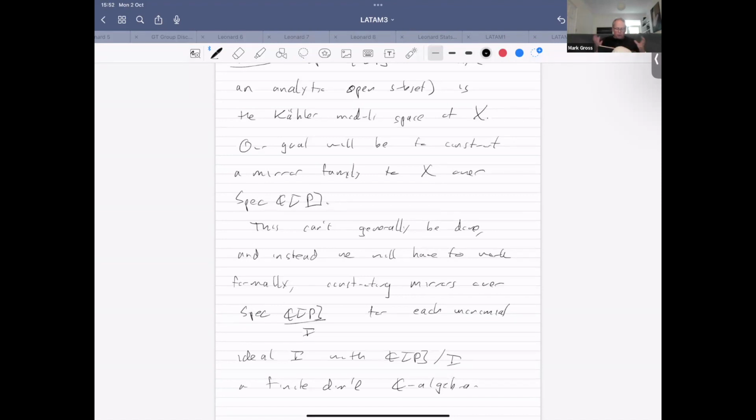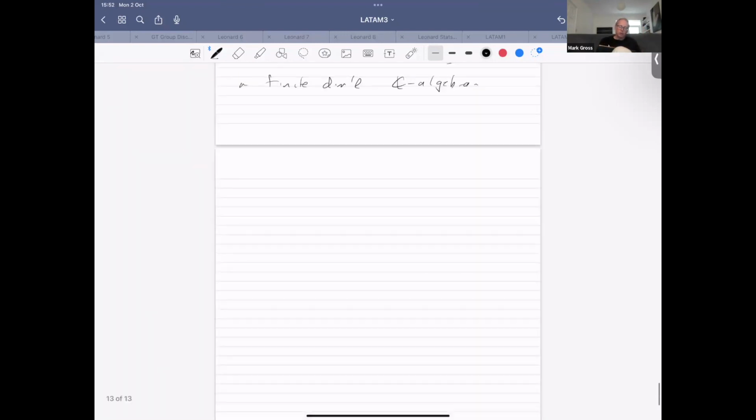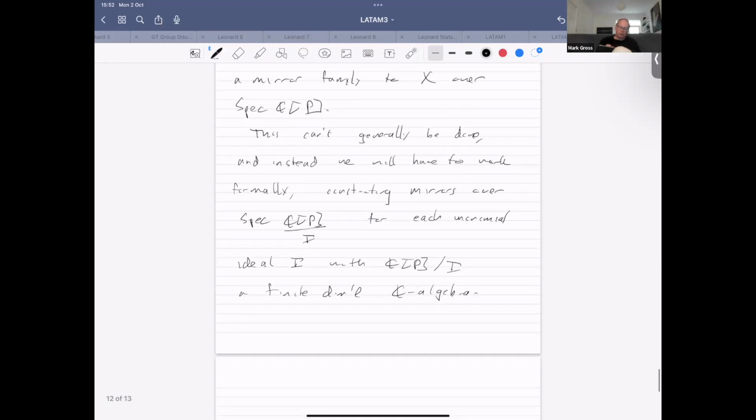Okay, so we do this for every possible ideal generated by monomials where this ring is finite. And this will allow us to eventually build a formal scheme as a mirror.